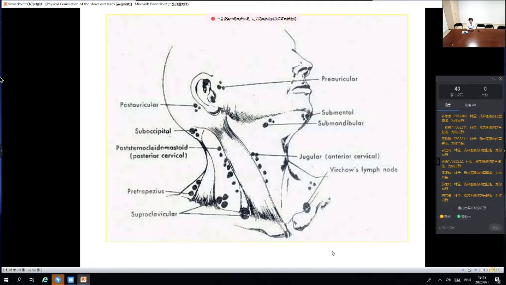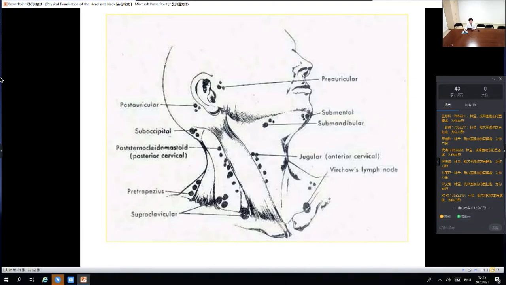As I introduced yesterday, we have many groups of cervical lymph nodes, including the submental, submandibular, preauricular, postauricular, occipital, and poststernocleidomastoid, the posterior angle triangle cervical area, and jugular, which we call the anterior triangle. And this is the cervical lymph nodes.